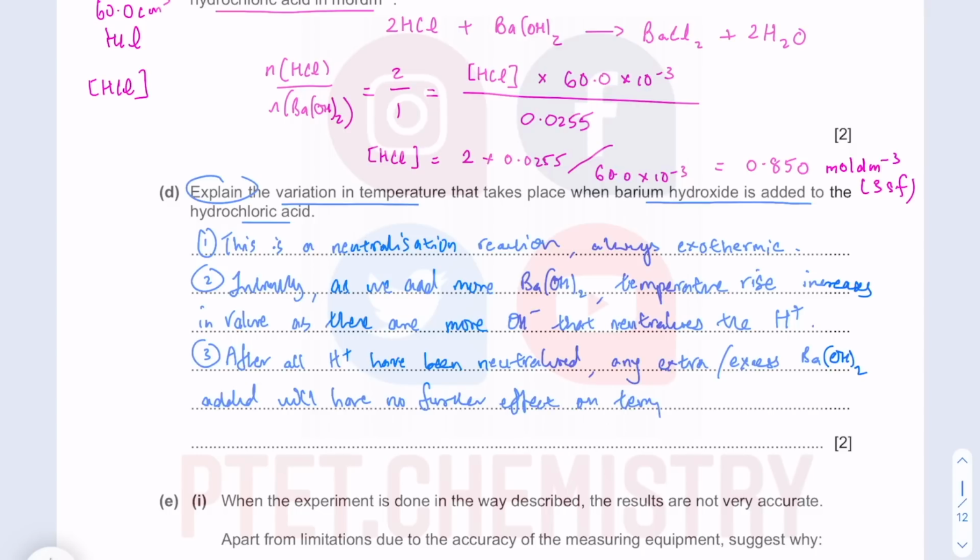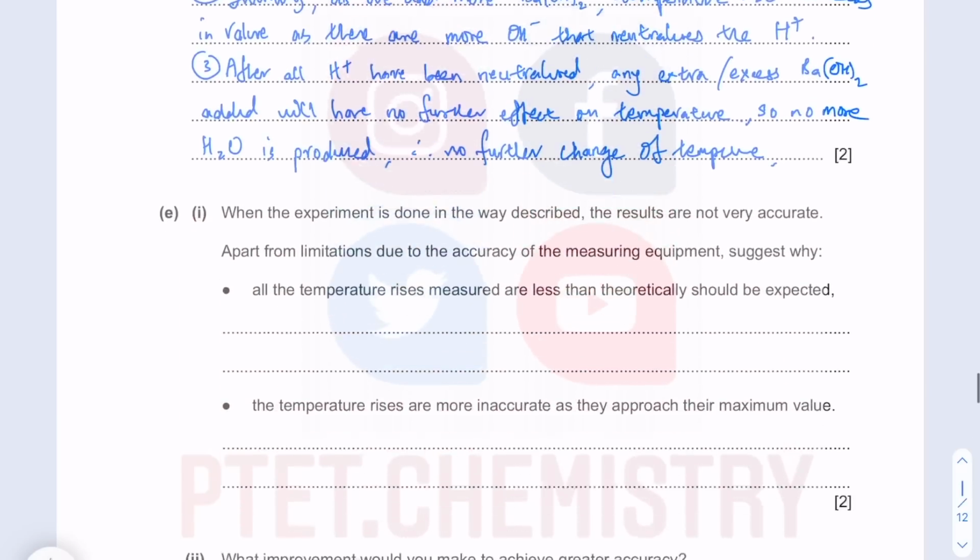And the reason for that is because there's no more H plus to form H2O with the OH minus, so the OH minus just remains as it is. All right, so no more H2O is produced. If you don't produce any more H2O, therefore no further change in temperature, meaning no further temperature rise. Okay, no further change in temperature, therefore temperature rise becomes constant.